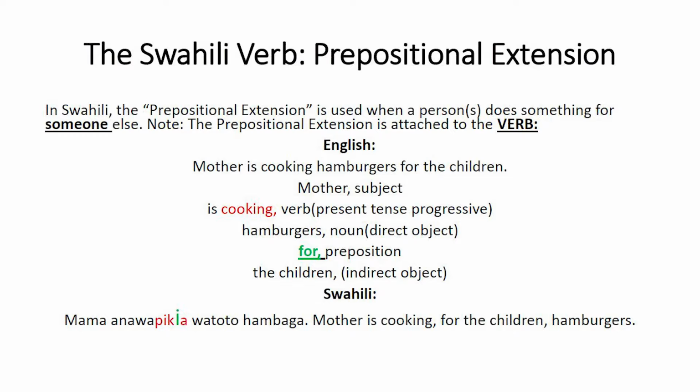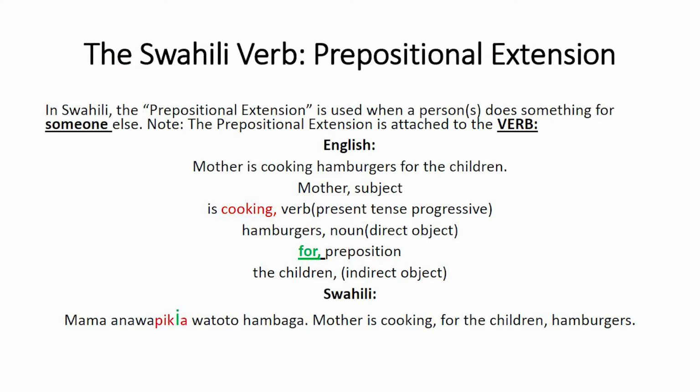Now the reason that's important is because even though the children are an indirect object, you have an object marker connected to that verb, and the object marker must always be close to the object that it is relevant to.